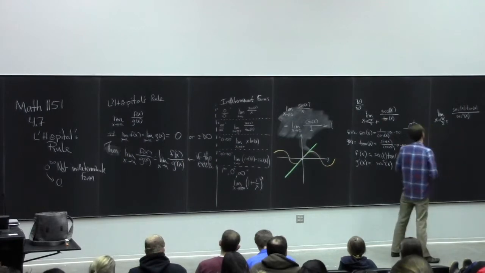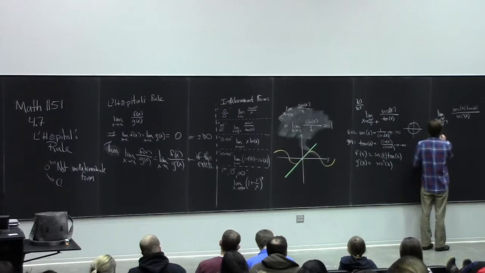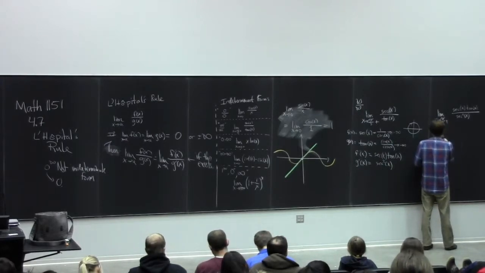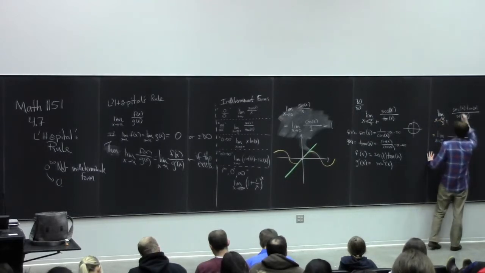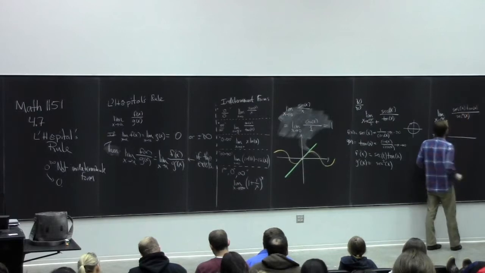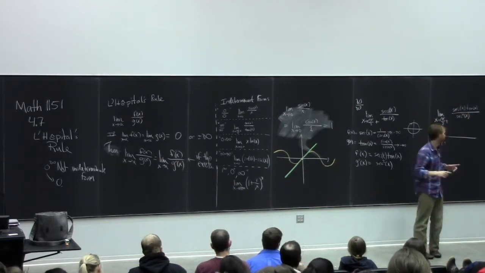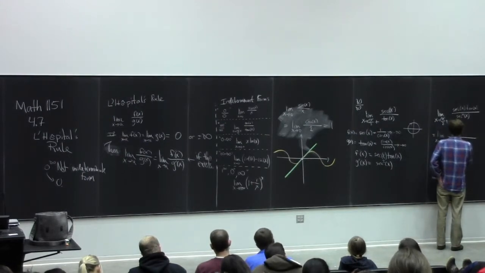And now we cancel, right? And so this is equal to the limit as x goes to pi over 2 on the right of, well, one of these secants is going to cancel. And secant is 1 over cosine of x.